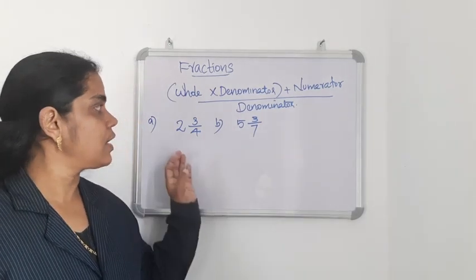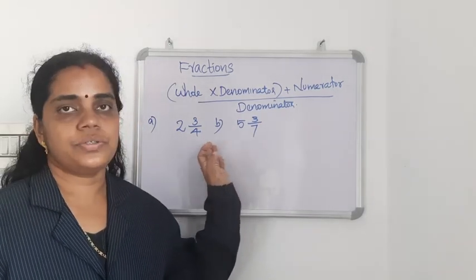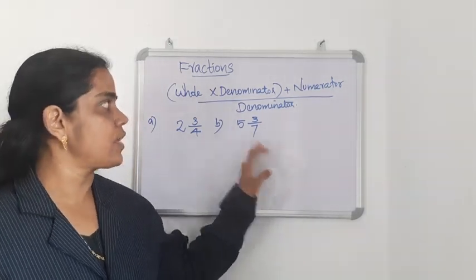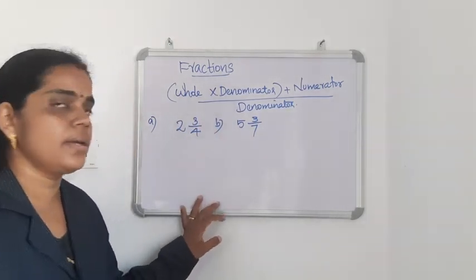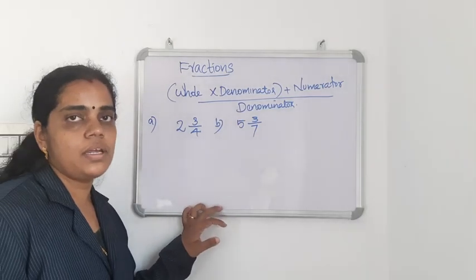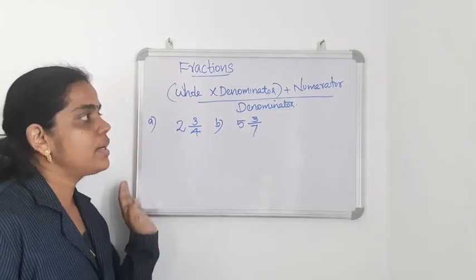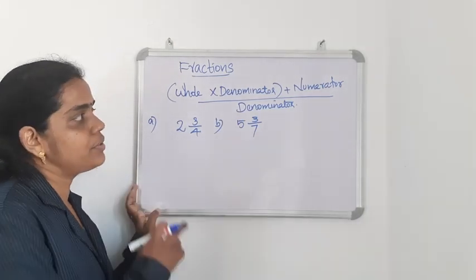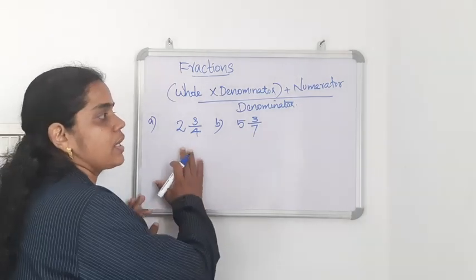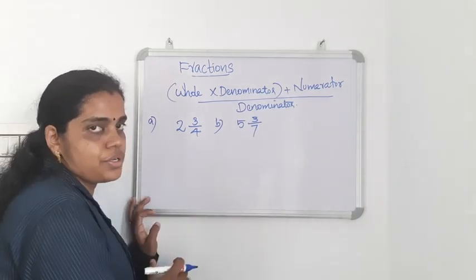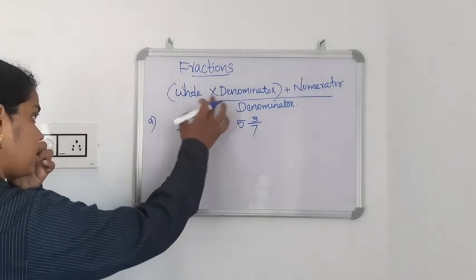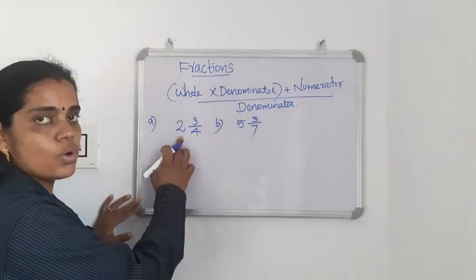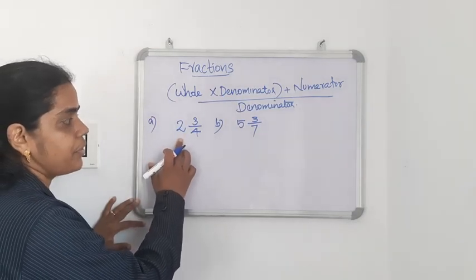Next we can convert a mixed fraction to an improper fraction by using this formula: whole number into denominator plus numerator, divided by denominator. This formula is very important. You all have to study it well. Then only you can convert a mixed fraction to an improper fraction. First question we are going to explain.